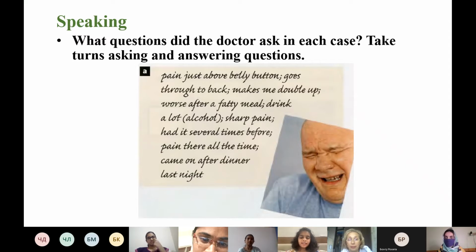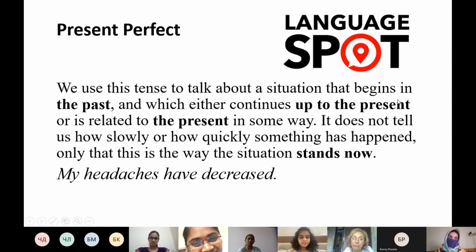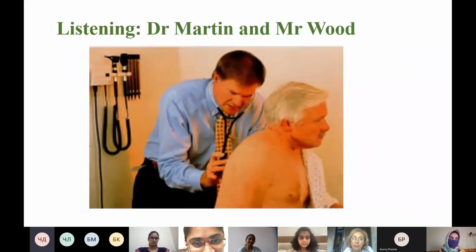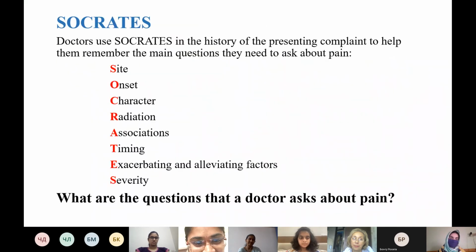After dinner last night. And C means, ma'am? I forgot about the C in SOCRATES. Character. Yes. Site, onset, character, radiation, associations, timing, exacerbating and relieving factors, severity.